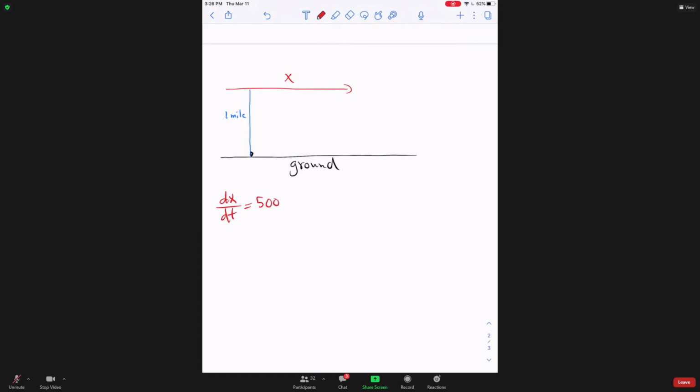Because this black dot that I have down here is the station. As you see, as time goes by, this plane is going further and further to the right. So therefore, it's extending this line segment x further and further. So positive 500.